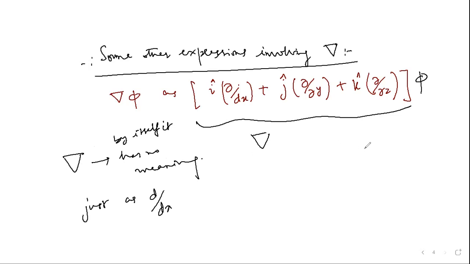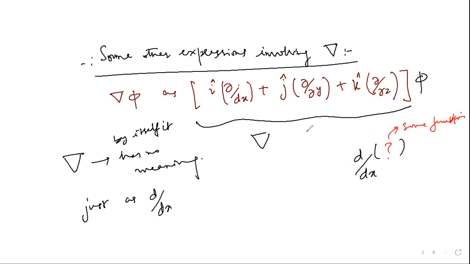We must put some function in front of it, which is to be differentiated in order to give meaning to d by dx. So d by dx indicates a certain operation, and it operates on the function which is placed in this bracket, right?